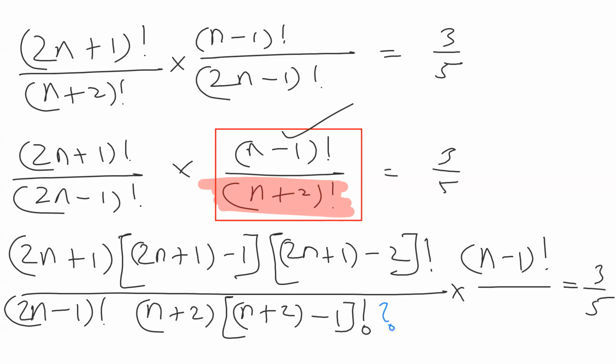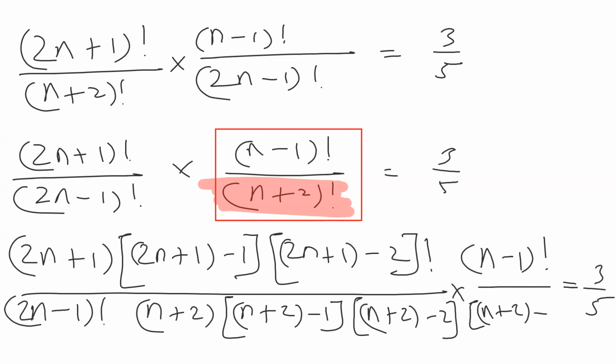We require minus 1, and this is plus 1. So we cannot ideally stop over here. We have to take it further. So this will be n plus 2 minus 2, then n plus 2 minus 3 factorial.